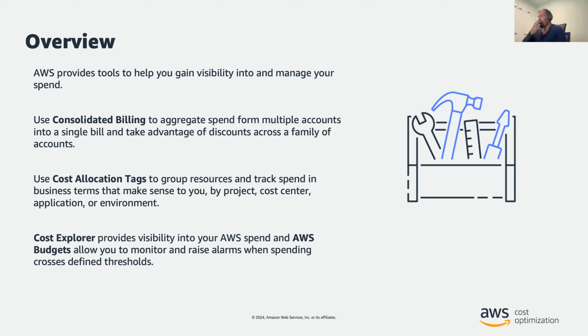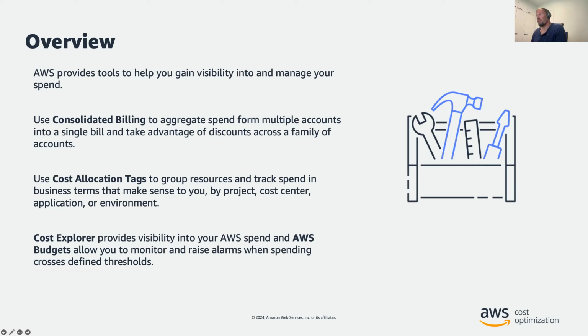So if you enable consolidated billing in an organization, all of your accounts in that organization will get a single bill. And how does this benefit from the cost perspective? AWS gives you discounts based on how much resources you use. So the more you use, the more discount you will get. If you have multiple accounts that are using a lot of AWS resources, you can then gain benefits from that.